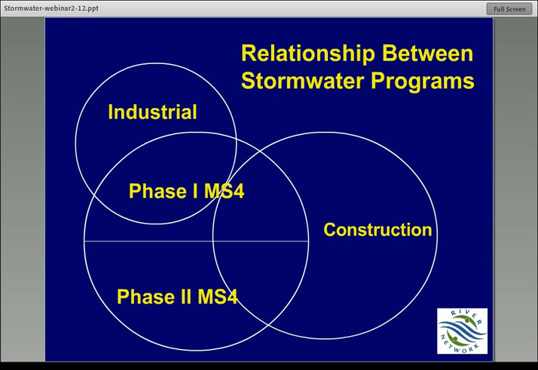What is important to note here, as we move into the next section of our talk on construction, is that these MS4s are required to take on and develop programs within their urbanized area that deal with construction and post-construction.